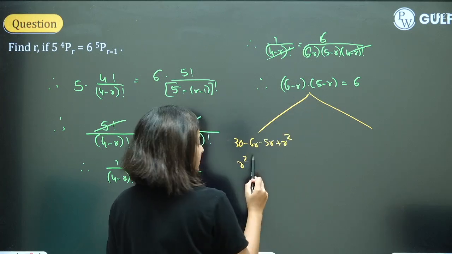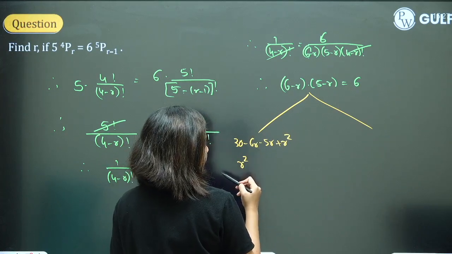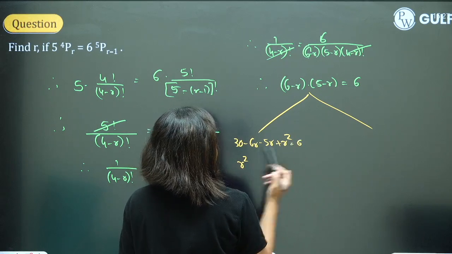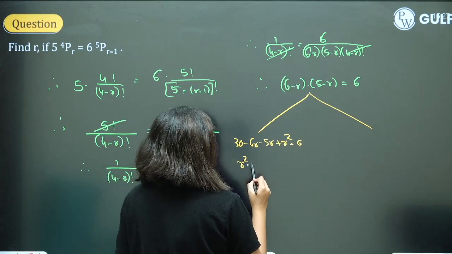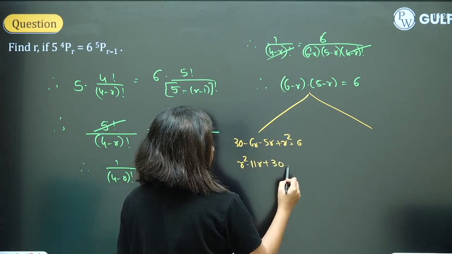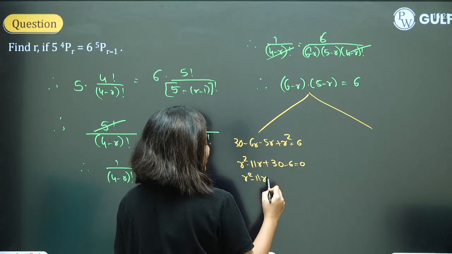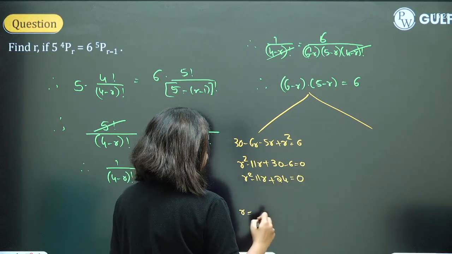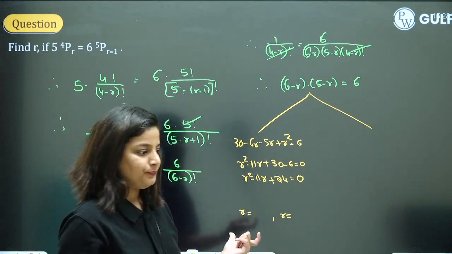Then you make it a nice quadratic equation. r square minus 11r plus 30 equal to 6, so r square minus 11r plus 30 minus 6, which is 24, equal to 0. Then you factorize it and you will get some values of r, probably two values of r.